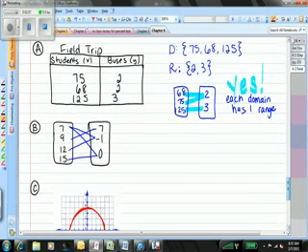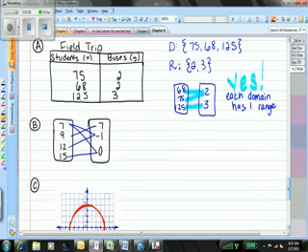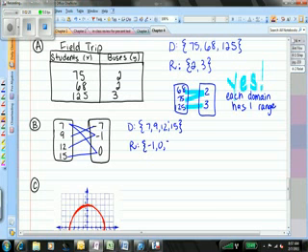All right, well, let's look at the next one. Oh, okay. So on this one, our domain is 7, 9, 12, and 15. Our range is -1, 0. Whoops, I'm sorry. It was in order. -7, -1, and 0.